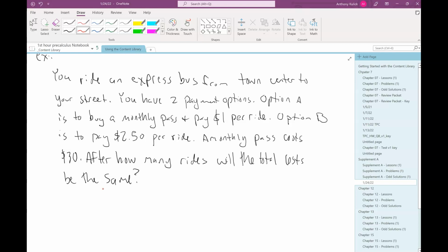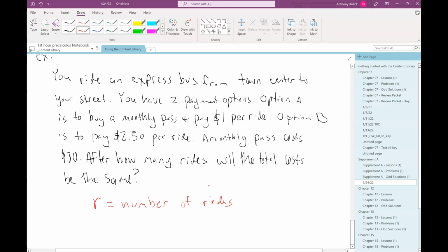Not quite. Okay, so how many rides? So the number of rides is something that can change, right? So I'm going to use that as one of my variables. Okay. And depending on how many rides we take of the bus, what else has got to change?